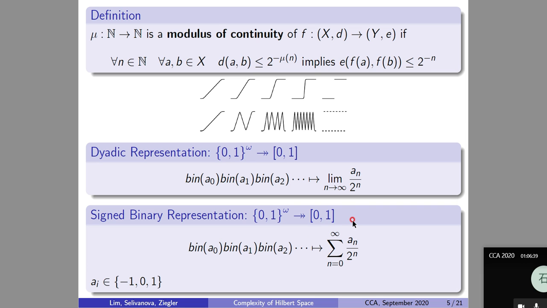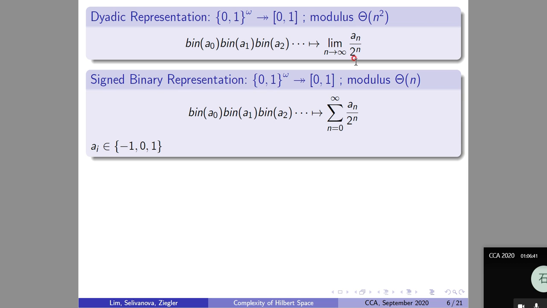It turns out the dyadic representation has a quadratic modulus of continuity, and the signed binary representation has a linear modulus of continuity. So in some sense, signed binary representation is more efficient than dyadic representation.